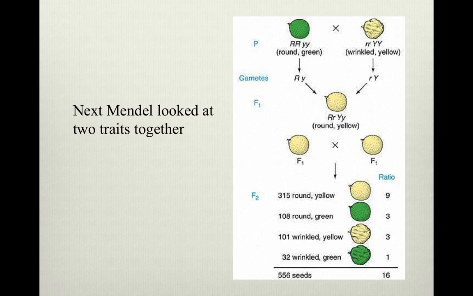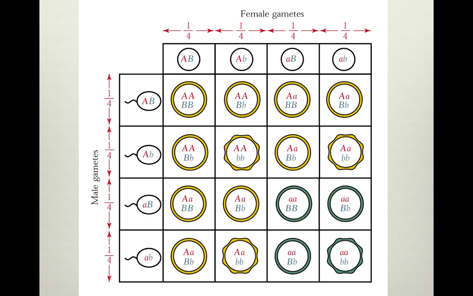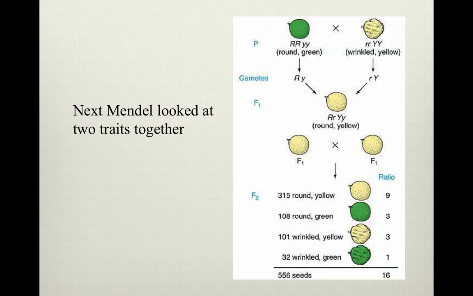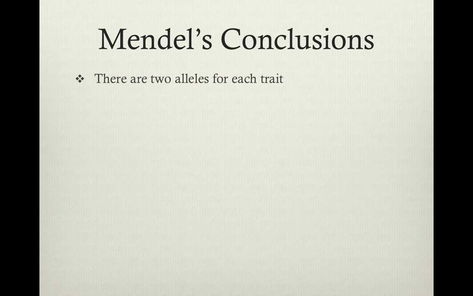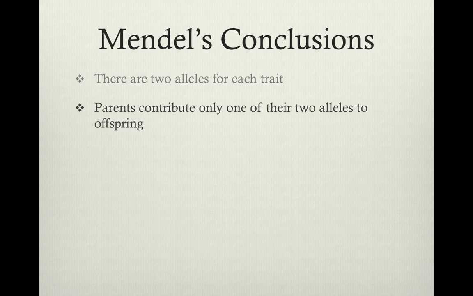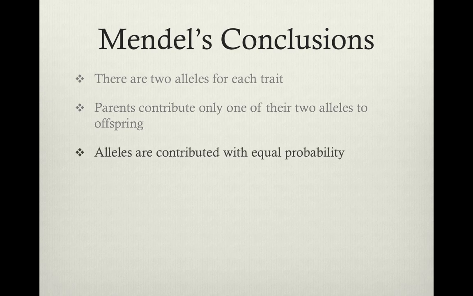So we have the discrete inheritance of each allele separately. That means they aren't linked. That means that the color of the seed and the roundedness or wrinkledness of the seed are not linked. They're inherited independently. So what Mendel concluded was that there are two alleles for each trait, that parents contribute only one of them to their offspring, and that those alleles are contributed with equal probability.